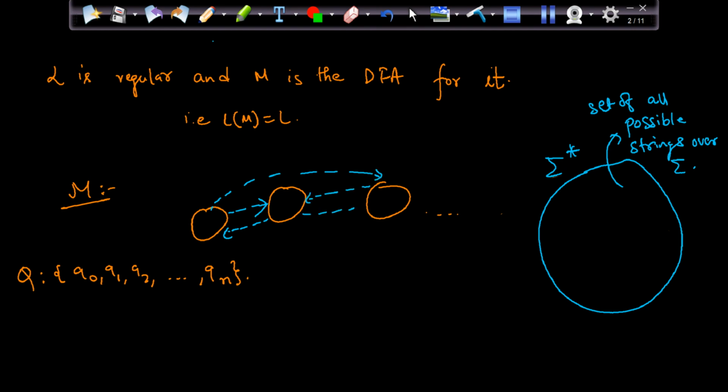I'm giving a dotted sign because there may or may not be a transition over a symbol.